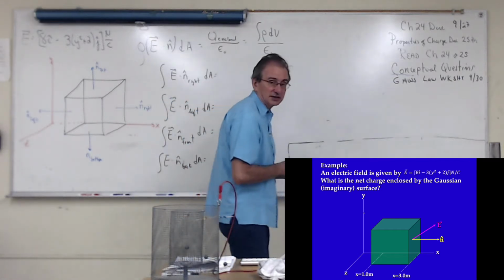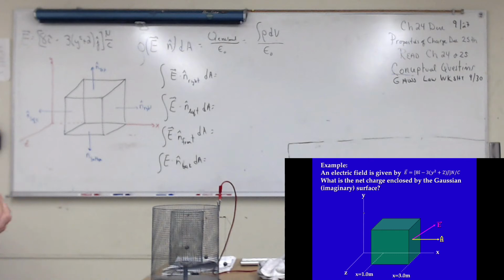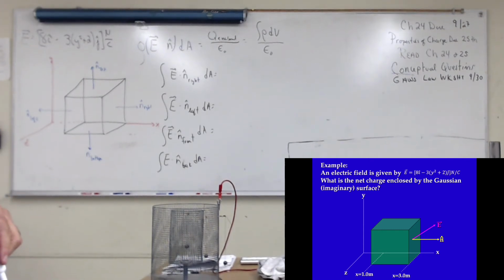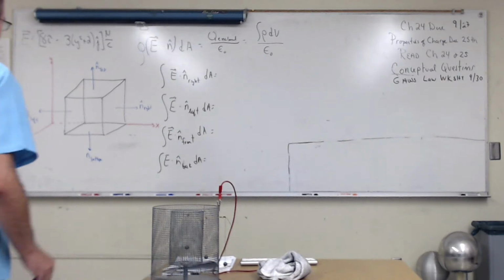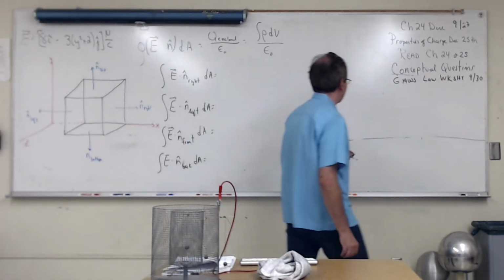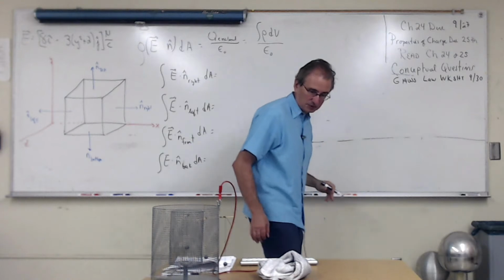And I'm going to need some space. I'm going to get rid of the slide because I need space to write on the board so you can see. Because there's 6 integrals I have to do. I'm going to erase this too, actually, so I have more space.